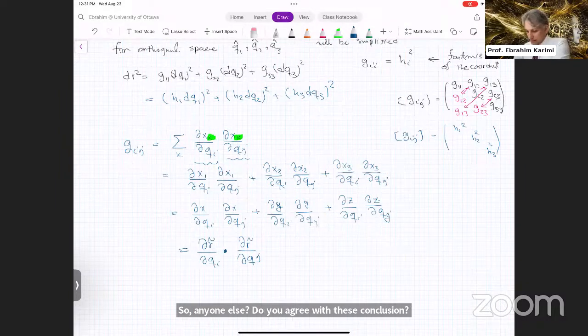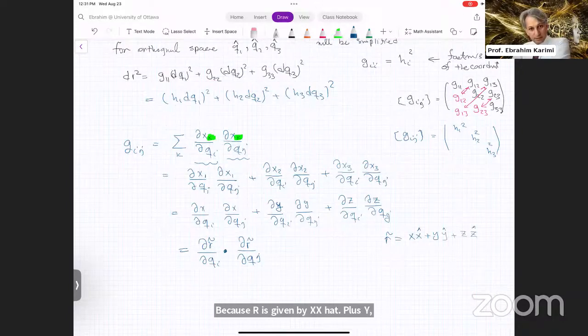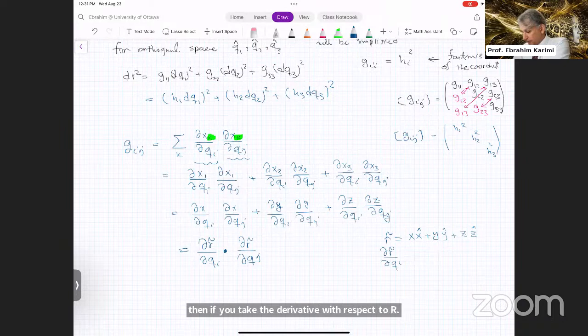Because R is given by x X hat plus y Y hat plus z Z hat. Then if you take the derivative of R with respect to Qi, that will be derivative of x with respect to Qi times X hat, because X hat is constant, derivative of y with respect to Qi Y hat, and derivative of z with respect to Qi Z hat.